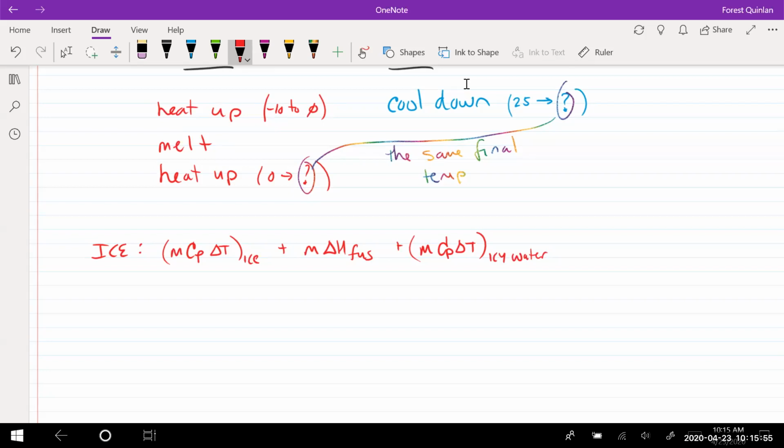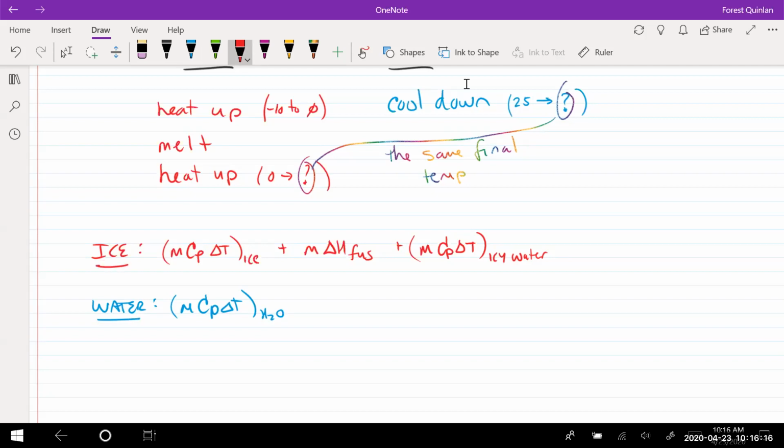So that's what the ice is going to do. The water is merely going to do an mCp delta T for water.